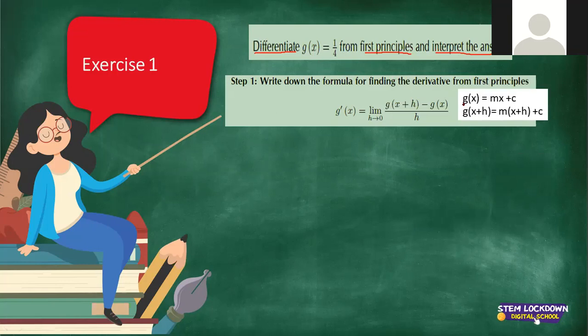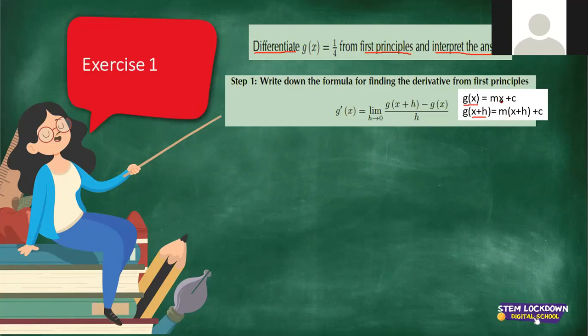If you were given a g of x, and this is your function, g of x plus h simply means in the place of x, you replace with x plus h. Wherever you see an x, you replace with x plus h. Then you go back to your function.